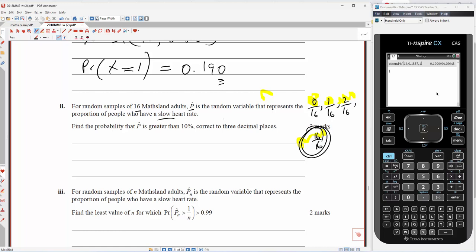So all we need to do is use this value here, 10%, and relate it to the 16 Mathsland adults.